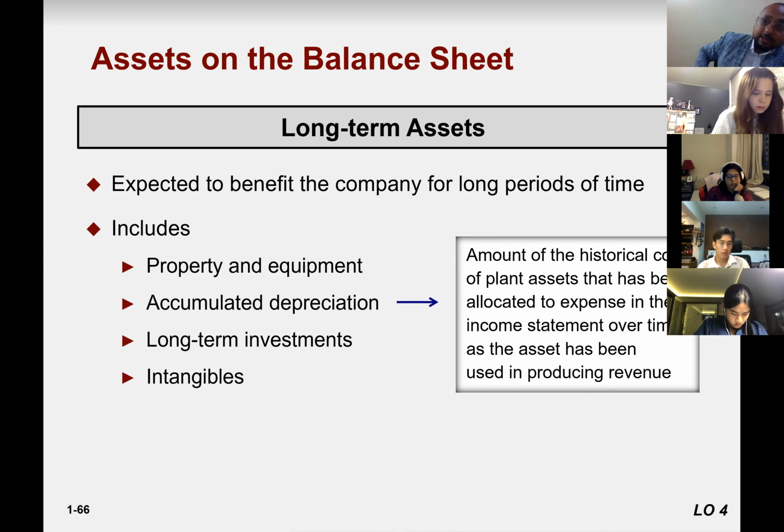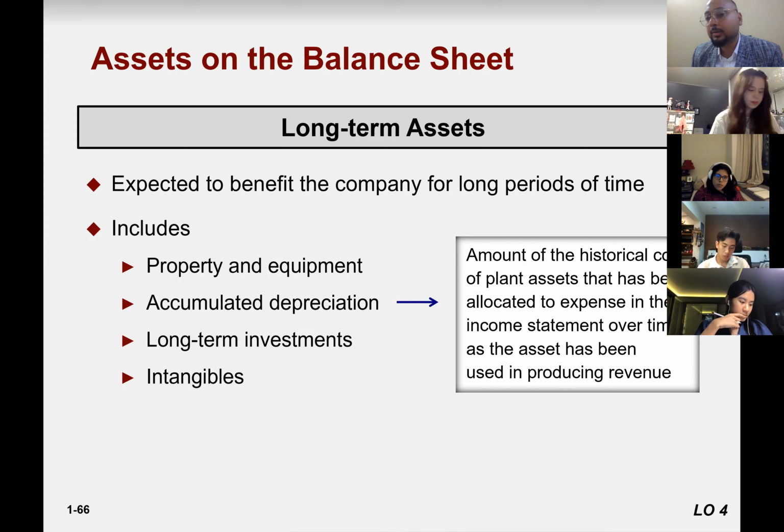You don't pay cash from your pocket, right? So wear and tear of an asset is called depreciation, but that doesn't mean it is actual wear and tear. It is just a number game, that's it. If you don't understand that one, please don't worry about it. We have a whole separate chapter on it, so we'll discuss it over there.